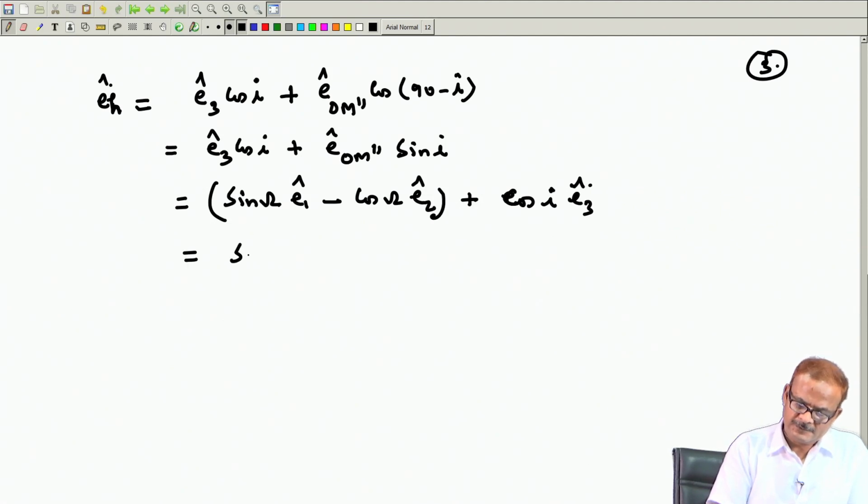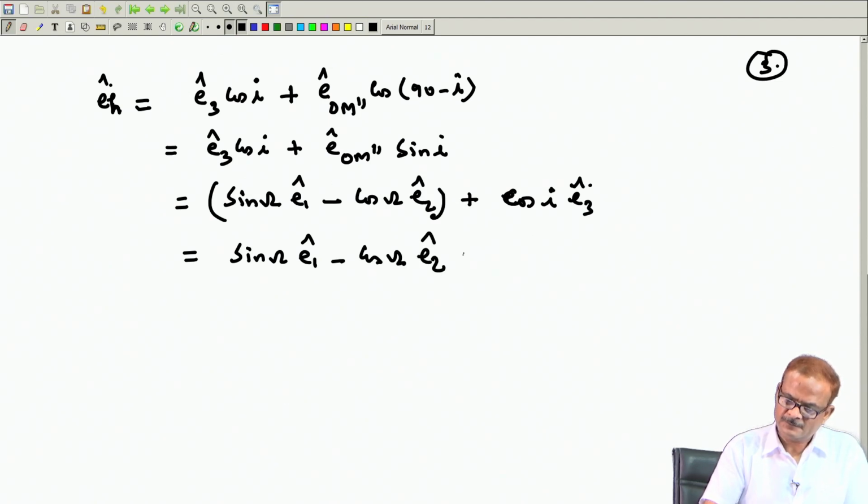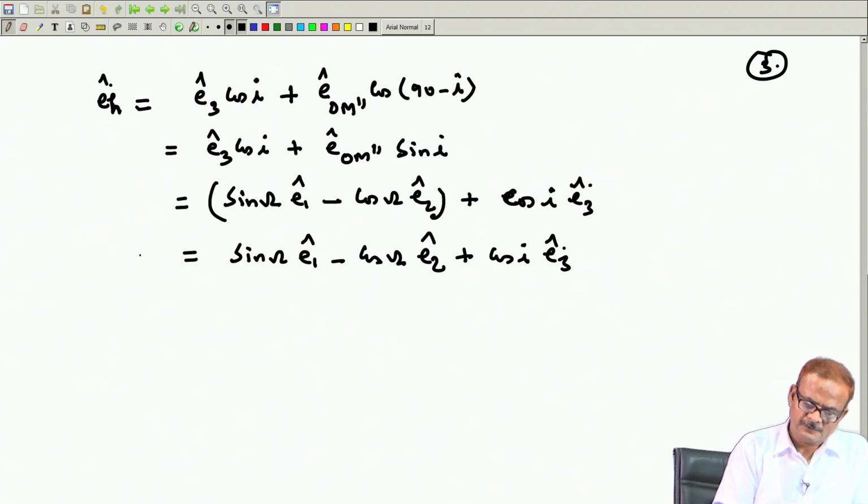So, this is the situation here, sin capital omega E 1 cap minus cos capital omega E 2 cap plus cos I times E 3 cap.